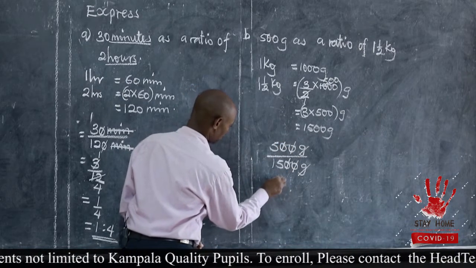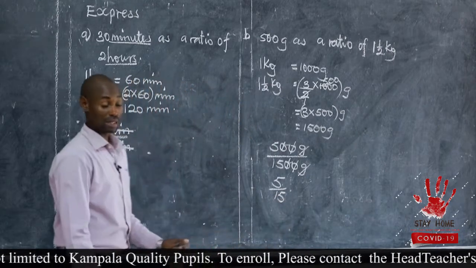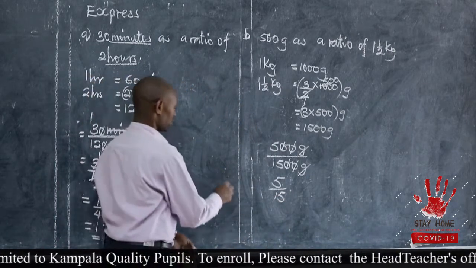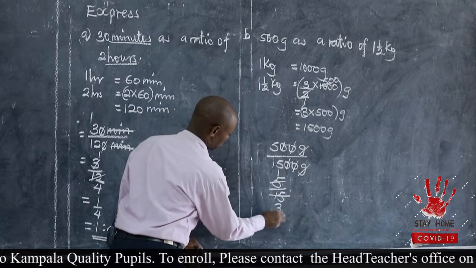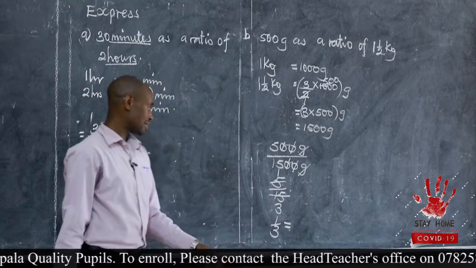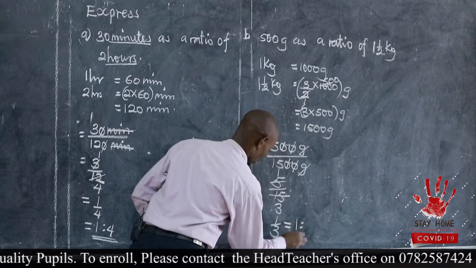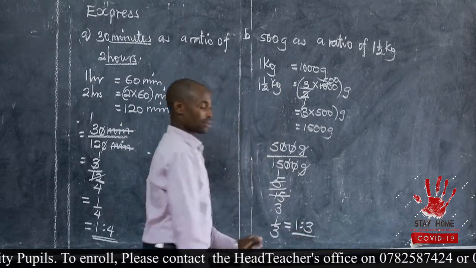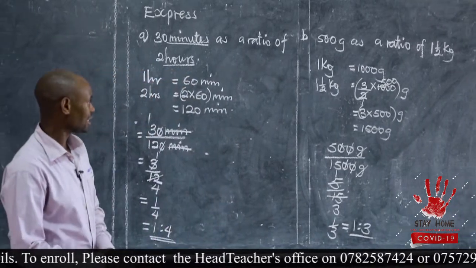So I have remained with 5 out of 15. Is it reduced to the lowest term? No. So we go ahead and divide. Divide by 5, 1. Divide by 5, 3. So we are getting a third. What is a third as a ratio? It becomes 1 to 3. That's what we basically looked at in our previous lesson.